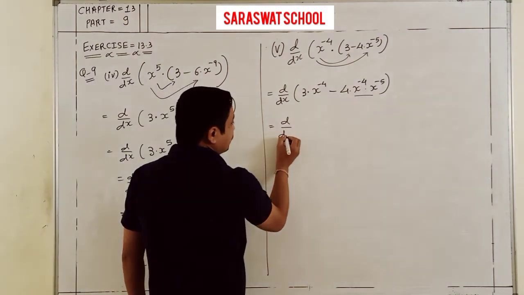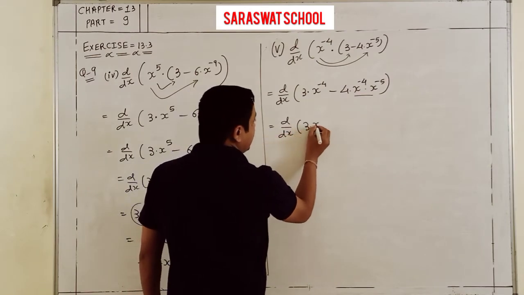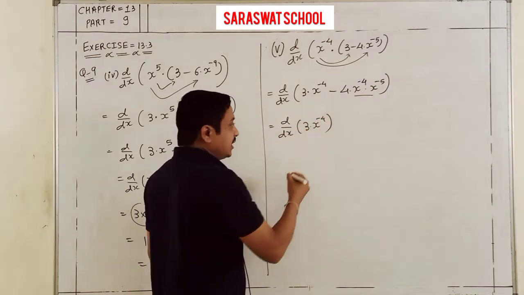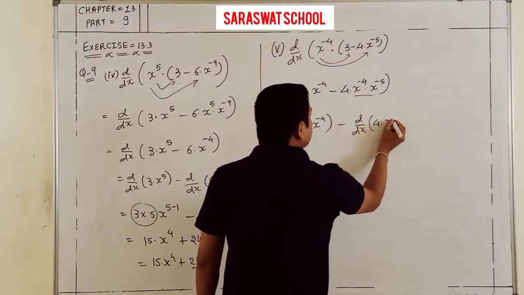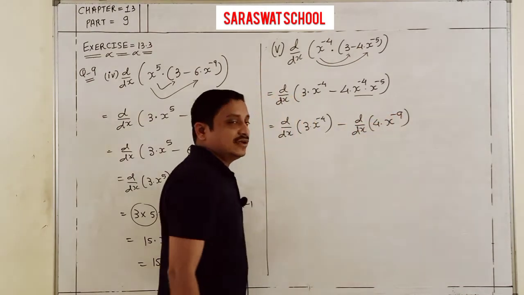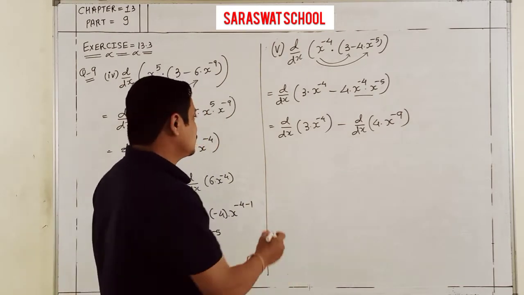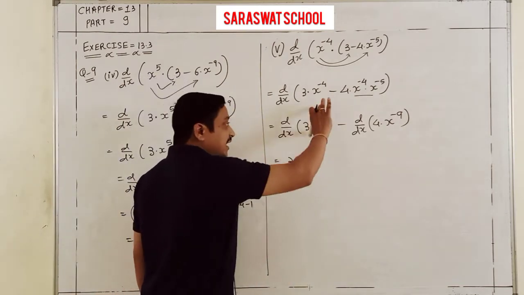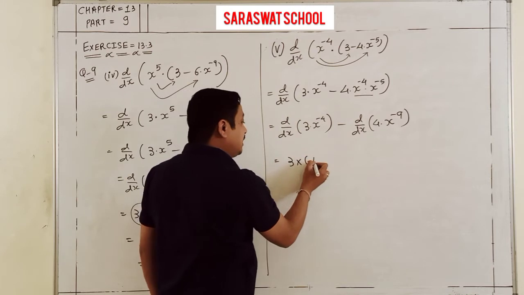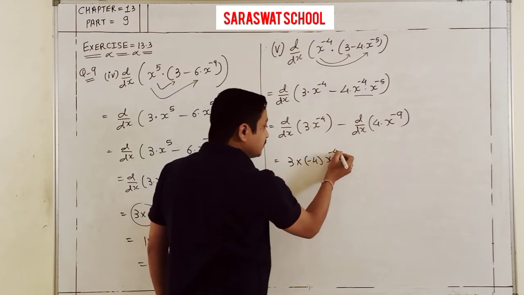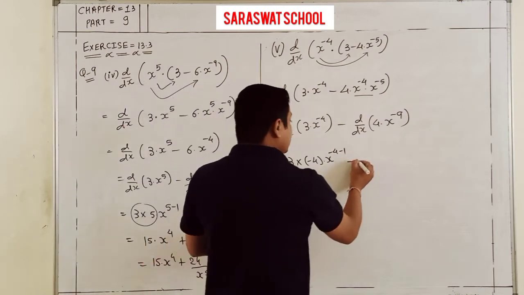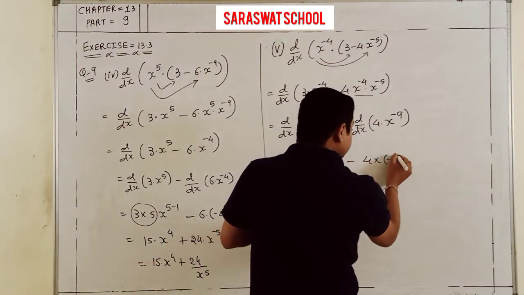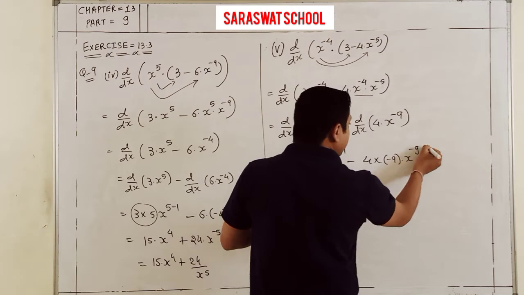So d/dx of 3 into x raised to minus 4 and second d/dx of 4 with the x raised to minus 9. Now the formula you know, so here 3 stays the same, and here I will apply n x raised to n minus 1: minus 4 x raised to minus 4 minus 1, same as here minus 9 with minus 1.